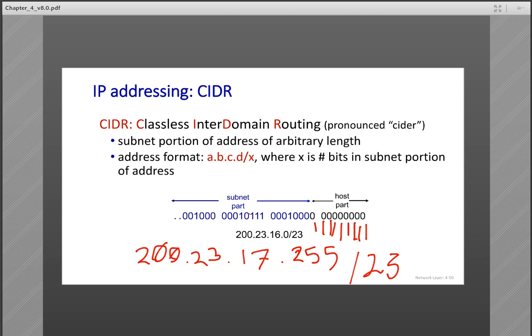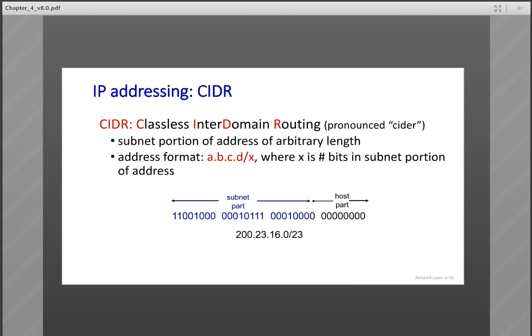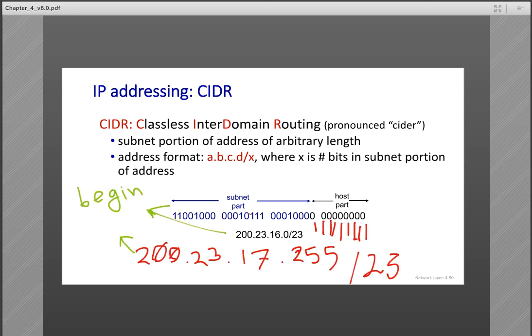This is the beginning address in a network and the ending address in a network. Again, the beginning address and the end address.